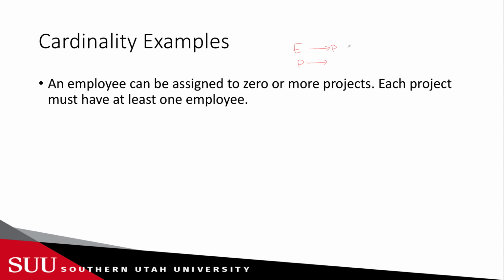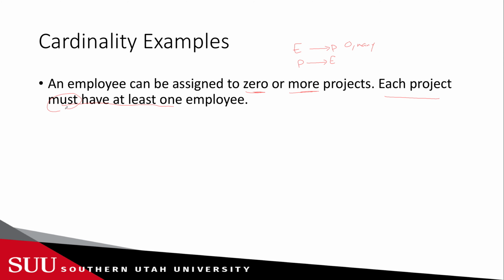If I'm going from employee to project, an employee can be assigned to 0 or more projects. So my minimum is going to be 0 here and my maximum is going to be many. Again, if I'm going from project to employee, it says each project must have at least one employee.